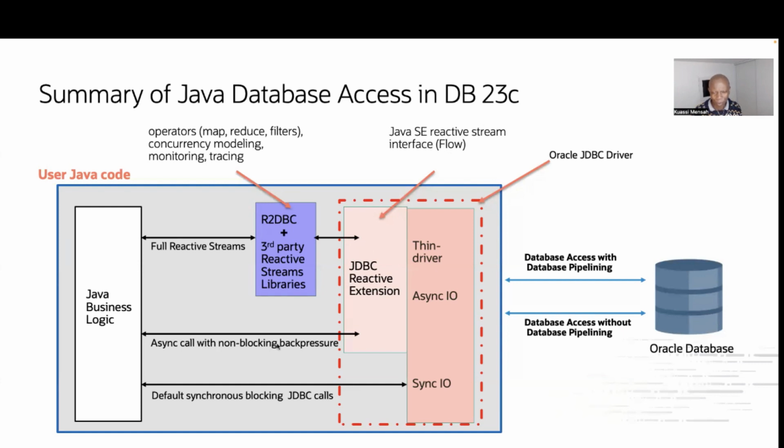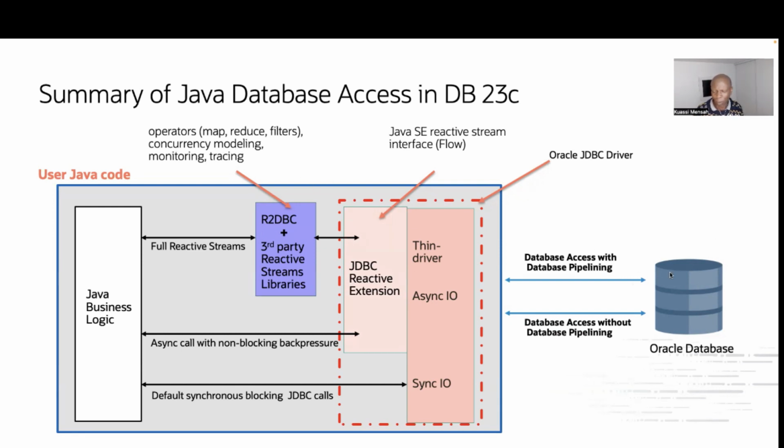Async call with non-blocking back pressure, okay? But if you go even higher and you pull in either R2DBC or third-party reactive streams libraries, those interoperate with the reactive extension. So now you have full reactive streams with map, reduce, operators, or concurrency modeling, etc.